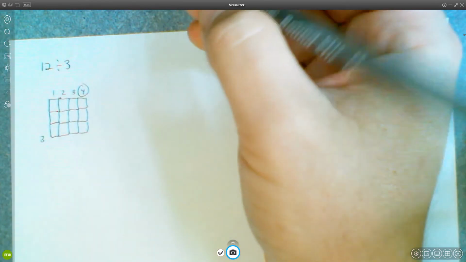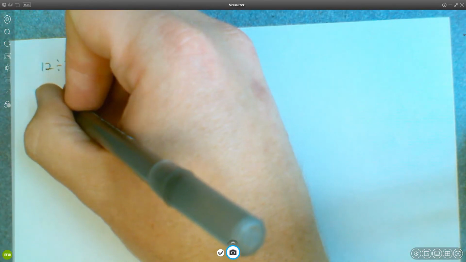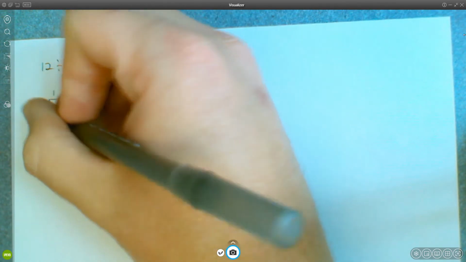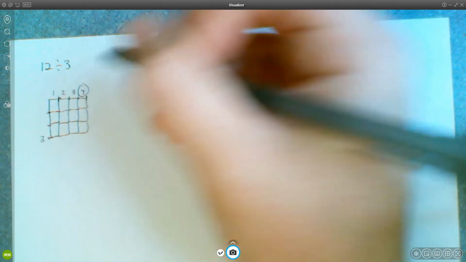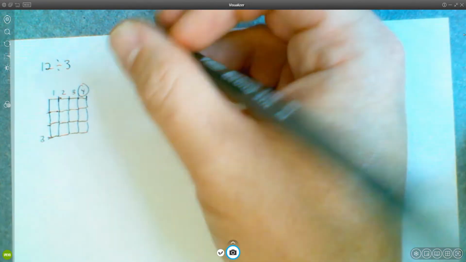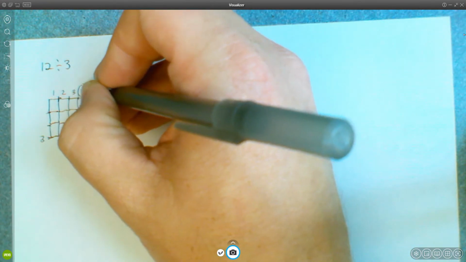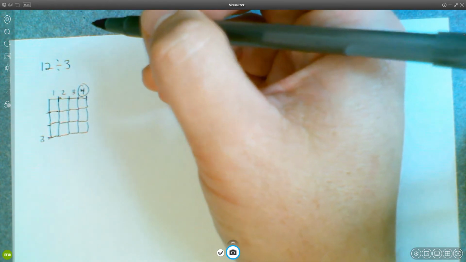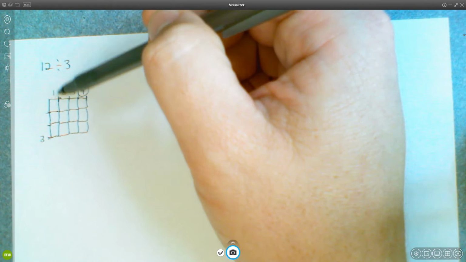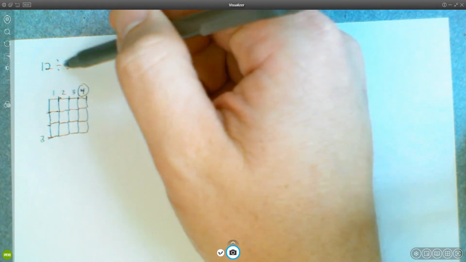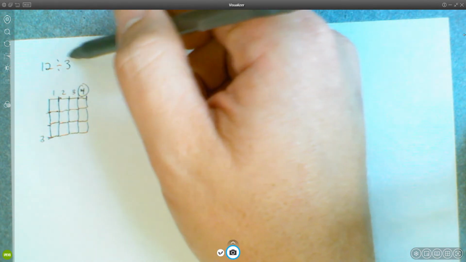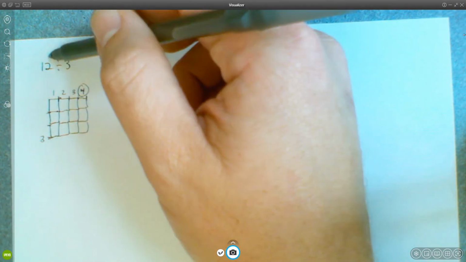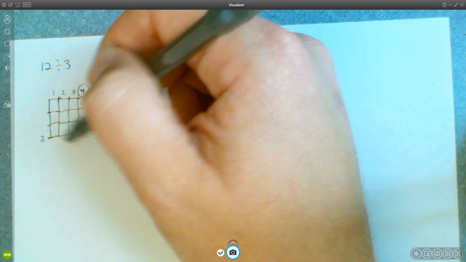If you think of it like a number line, this is 1, 2, 3, and 4. And we needed 4 groups of 3 in order to make 12. So in general, to do division with an area model like this, you put the second number as the width of your rectangle, and the first number is the area of your rectangle.